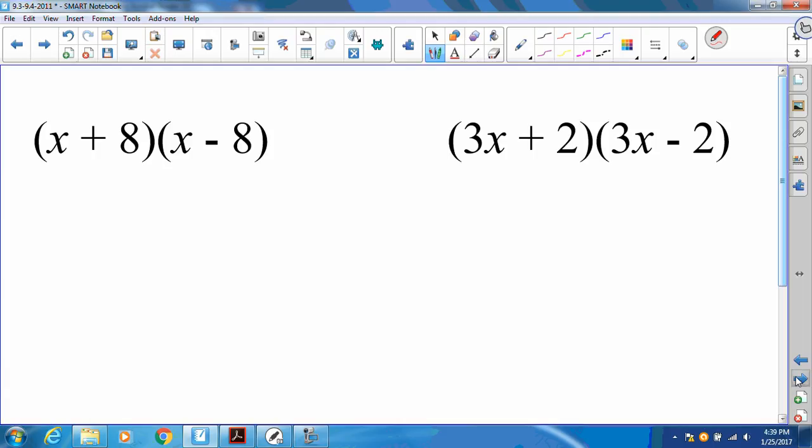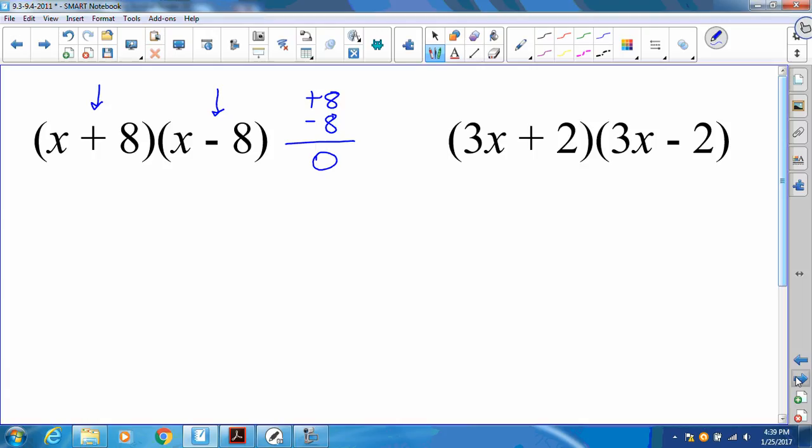Okay, now another special case is when everything looks the exact same in the parentheses, except you have a plus and you have a minus. So I want you to think of it as these numbers, a plus 8 and a minus 8. What would happen if I put together a plus 8 and a minus 8? Well, hopefully in your head you're saying, well, that cancels. We get a 0.